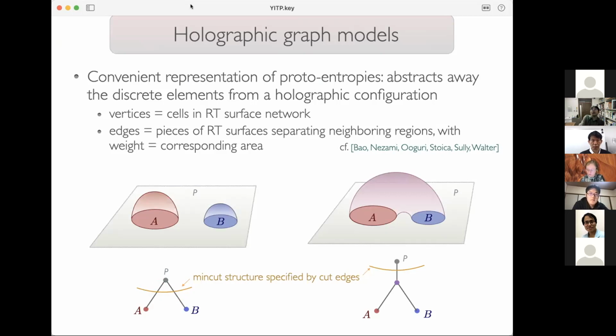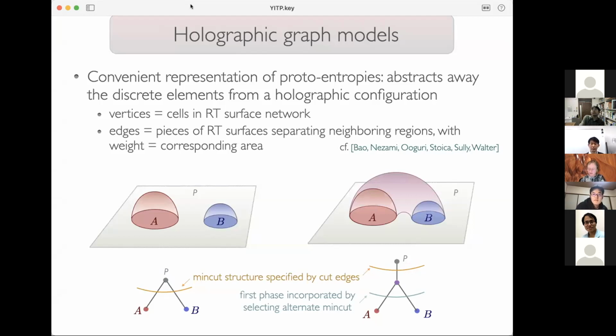But it turns out that the cone for these graphs, for all graphs that you can get that way, coincides with the RT cone that was argued by these folks. So we can study the holographic entropy cone using such graph models, and the exercise boils down to specifying the min cut structure.